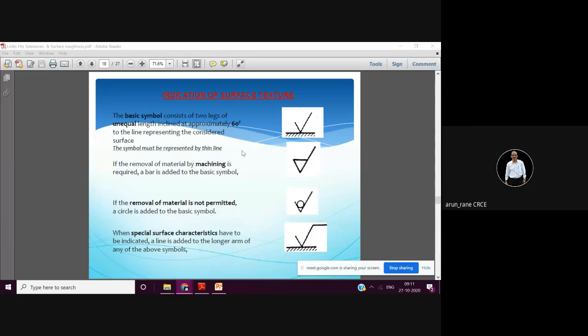So there are four triangles shown. Four triangles means very high finish, that is super finish. And nothing above that. So the surface finish or surface texture can be represented by either one triangle, or two triangles, or three triangles, or four triangles.